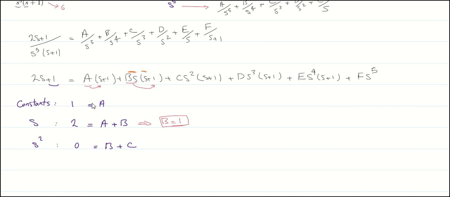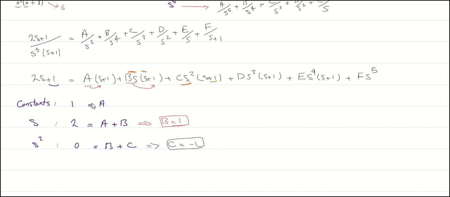So that means the first coefficient is equal to b, and the second coefficient is from this expression in here. We have a cs squared term in here that is going to be multiplied by 1. So that would be our second coefficient. So now looking at this equation in here, since b value is equal to 1, we can say that c value would be equal to -1.